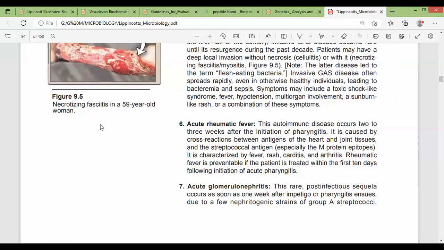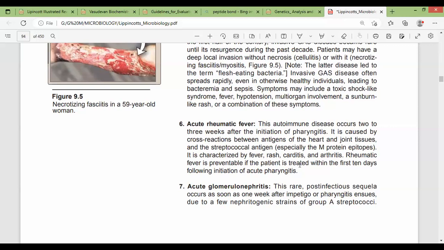Acute rheumatic fever. In acute rheumatic fever or rheumatic heart disease, what we are seeing is an autoimmune disease that occurs 2 to 3 weeks after initiation of pharyngitis. It's when you're autoimmune, meaning your immunity is attacking itself. Your antibodies will be attacking your heart valves.